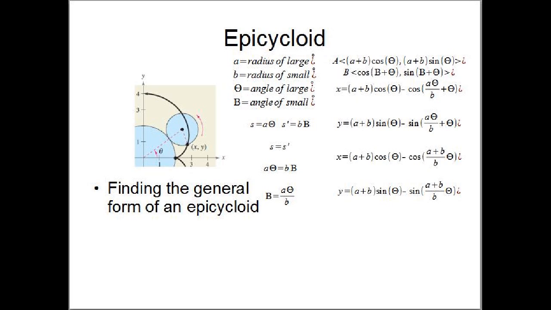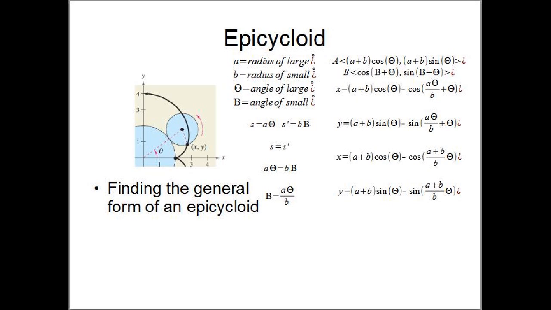And now to solve for the parametric equations of the epicycloid, x is equal to A plus B times cosine theta minus cosine of (A theta over B plus theta), and it's minus because of the rotation of the small circle on the large circle. And y is equal to A plus B times sine theta minus sine of (A theta over B plus theta).